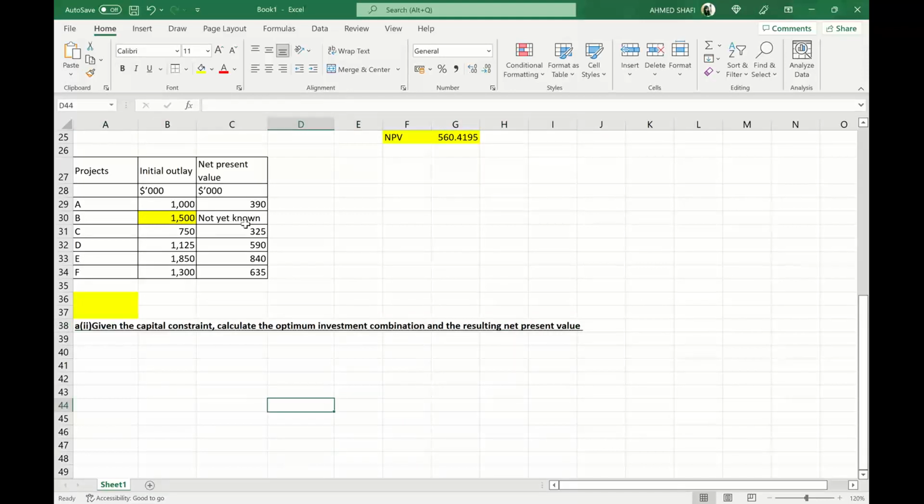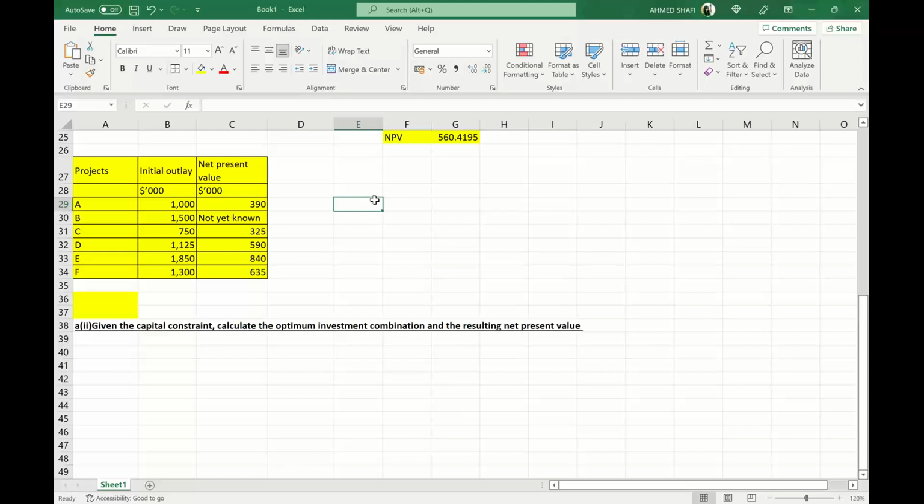Now, if you look at the question, please pay attention. The question was that there are 6 projects under consideration: A, B, C, D, E, F.